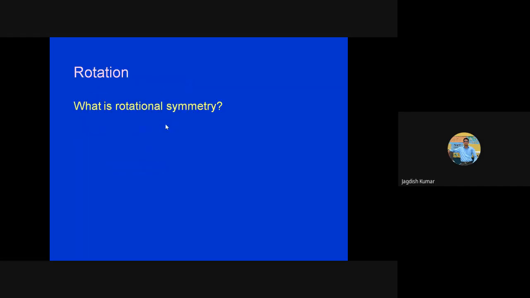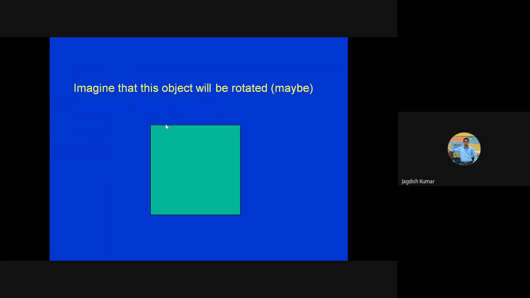Now, first of all, let us ask the question of what is the meaning of rotational symmetry. What do we mean by rotational symmetry? Let me try to demonstrate that with the help of this simple figure. So this is a square, right?